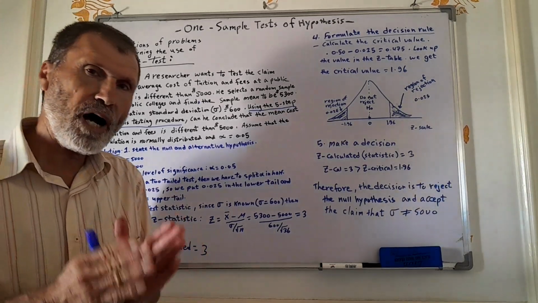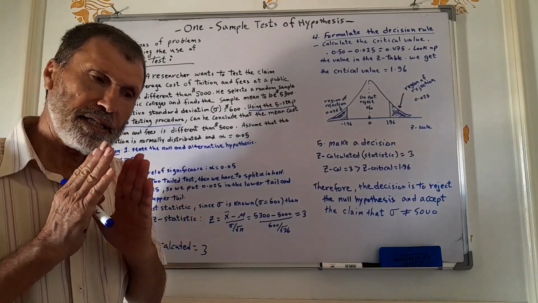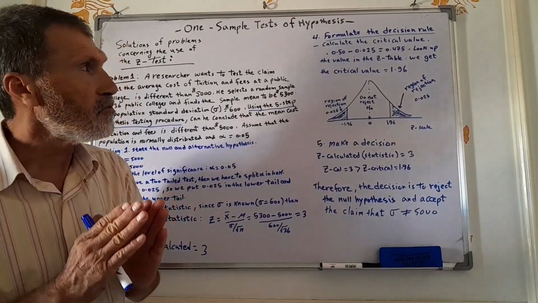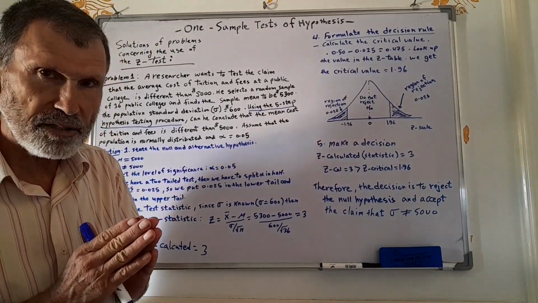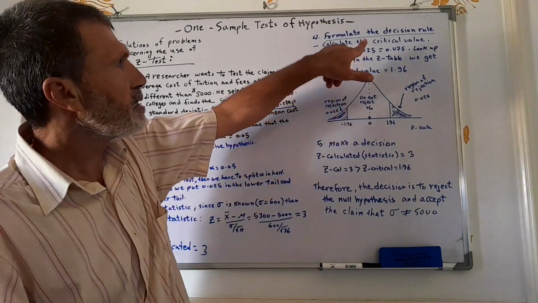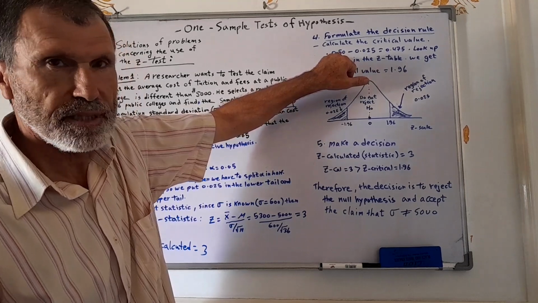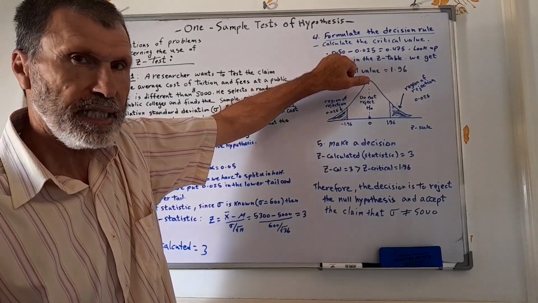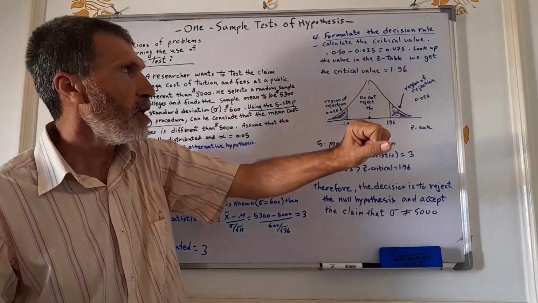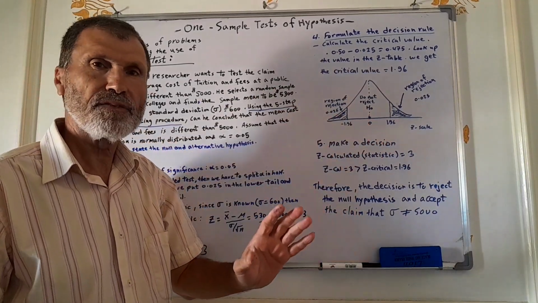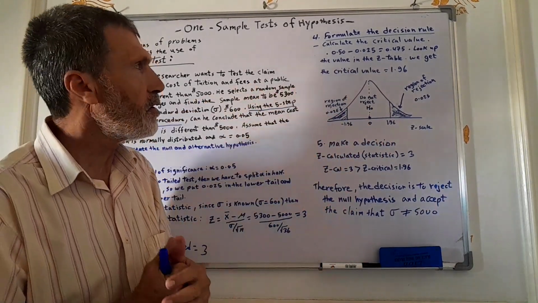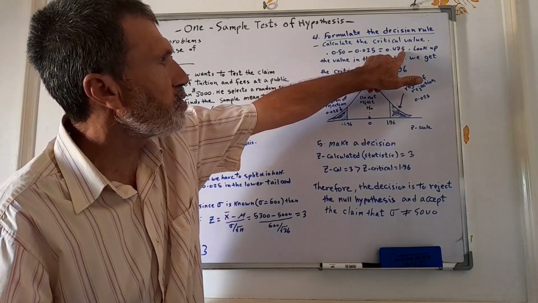So to find the critical value, we just subtract 0.025 from 0.5, because the Z table in the appendix is based on half of the area under the curve. So we come up with 0.475.